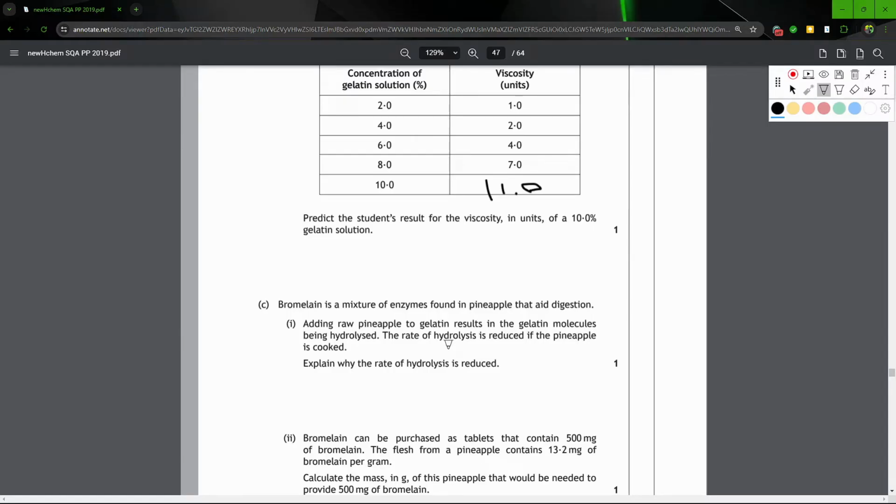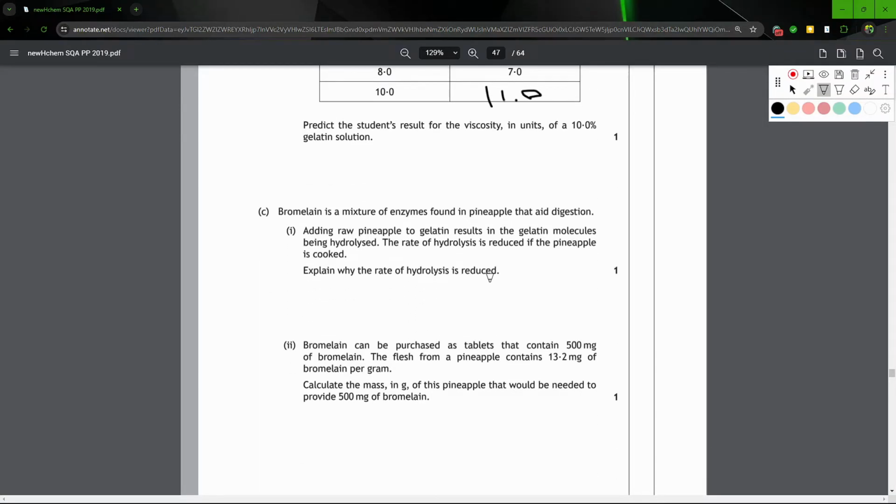Bromelain is a mixture of enzymes found in pineapple that aid digestion. Adding raw pineapple to gelatin results in the gelatin molecules being hydrolyzed. The rate of hydrolysis is reduced if the pineapple is cooked. Explain why the rate of hydrolysis is reduced.